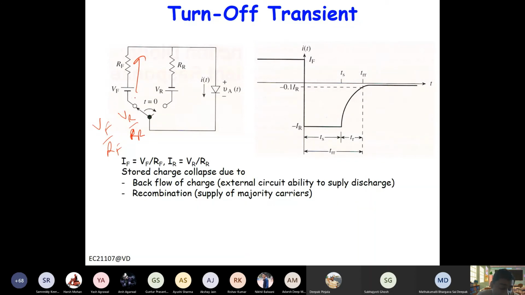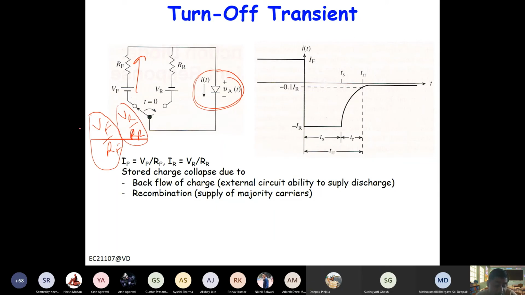This will be the maximum current, because in reverse bias, of course, current will be limited by the diode, but during the transient, it has a lot of charge, so it can reach its peak value VR by RR. So in forward bias, the peak value is VF by RF. In reverse bias, the peak value is VR by RR.